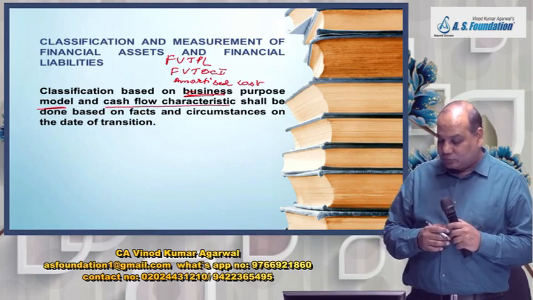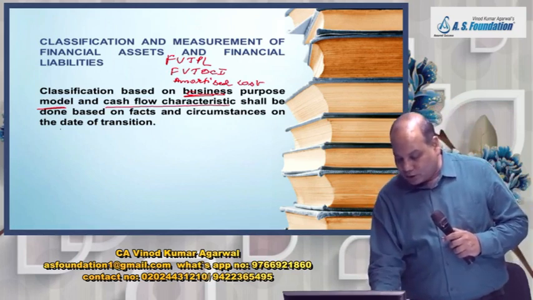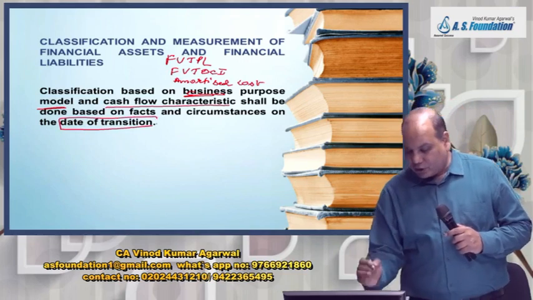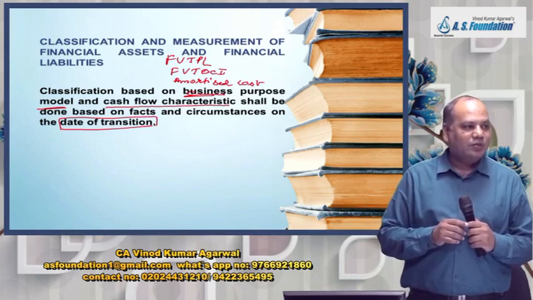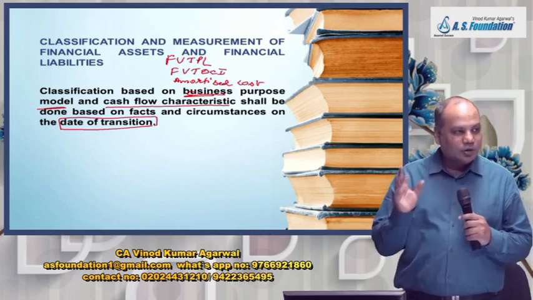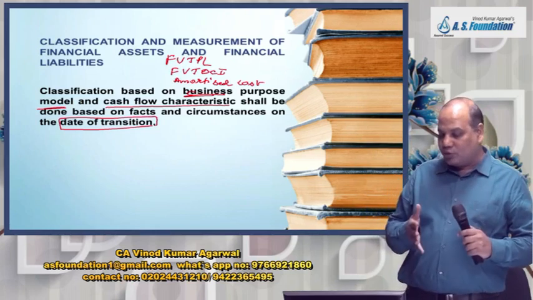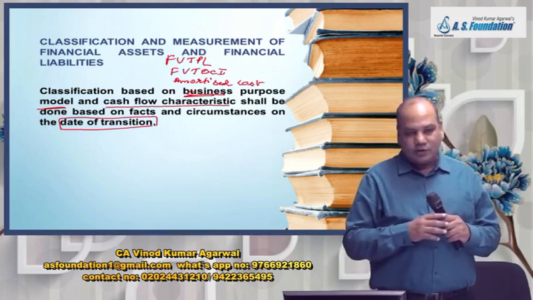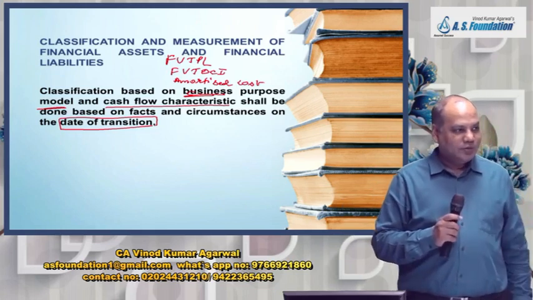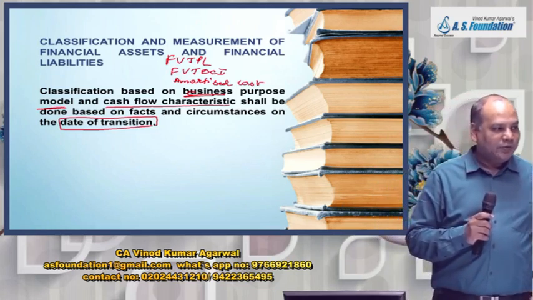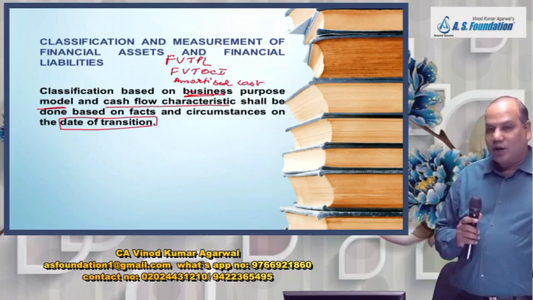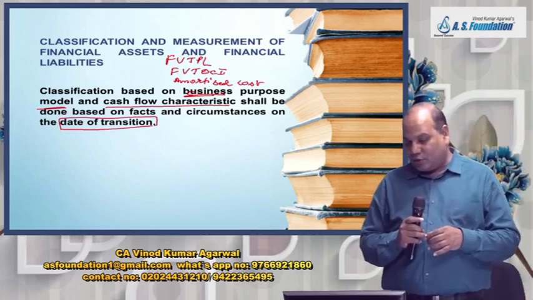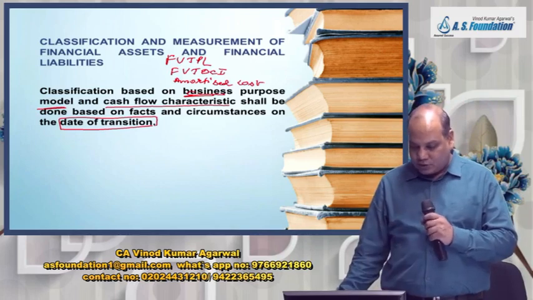Now you have to apply the business model test and cash flow test not when the financial assets were acquired, but on the date of transition. Because I am going to reclassify them on the date of transition, that you have learned 4 things: recognize, derecognize, reclassify, remeasure. So reclassification will be done on the date of transition. So I have to apply this business model test and cash flow test under the standard on financial instruments on the date of transition.